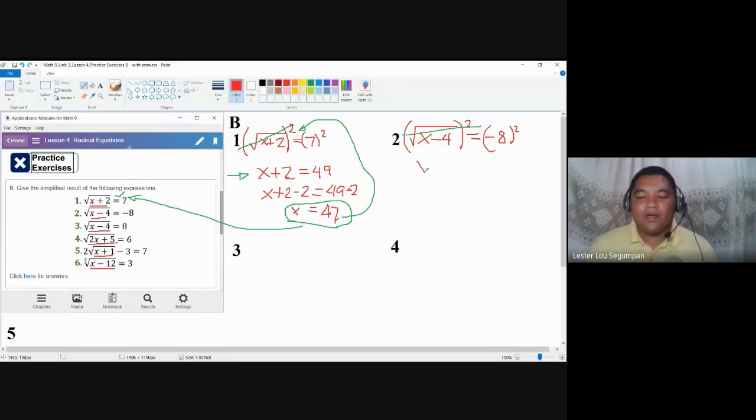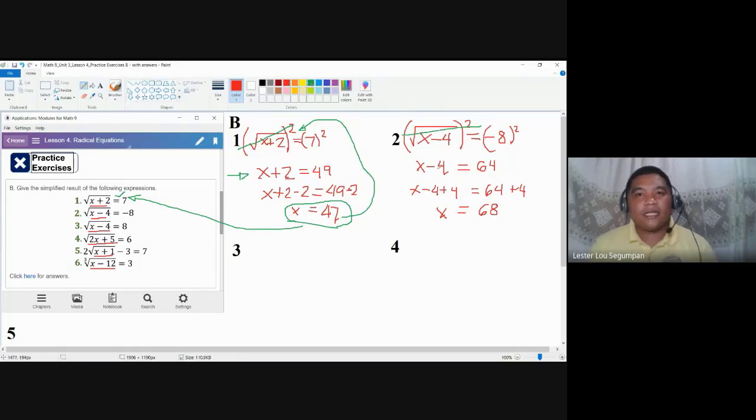Then we have x minus 4 equals the square of negative 8, or the perfect square of negative 8, which is positive 64. Then apply the properties of equality: for both sides, 64 plus 4. So the value for x is 68.